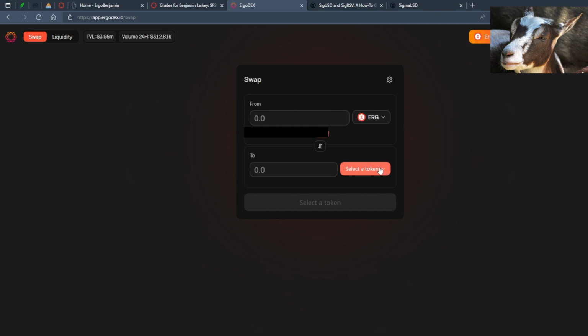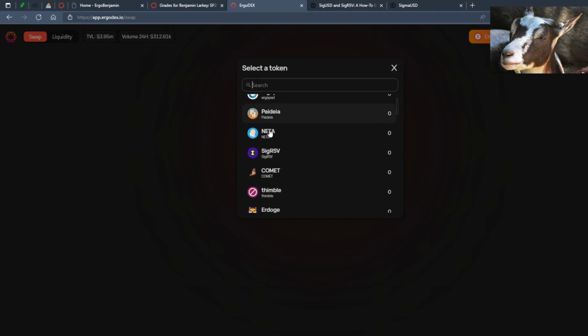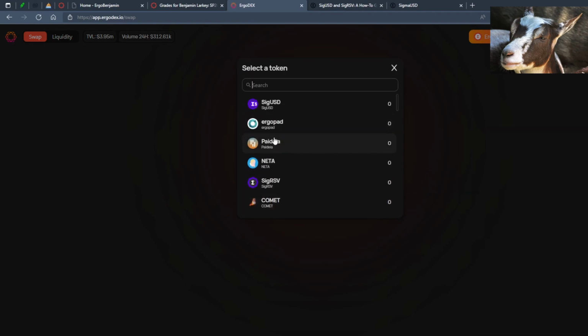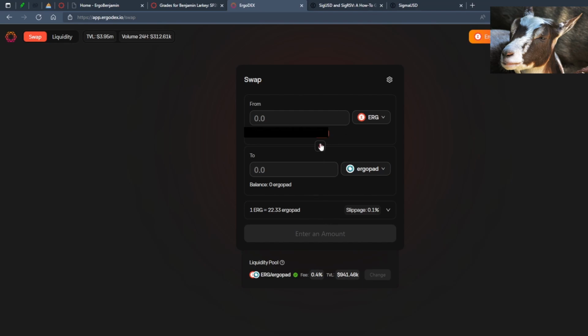In this space it would be called a token, but in the broader sense, it's really a coin. I mean, the terms can be used interchangeably, but one has a proper meaning and one doesn't. So moving forward, this is a more normal transaction in my mind, going from Erg to ErgoPad or from ErgoPad to Erg. So that's how you would go about doing something like that.